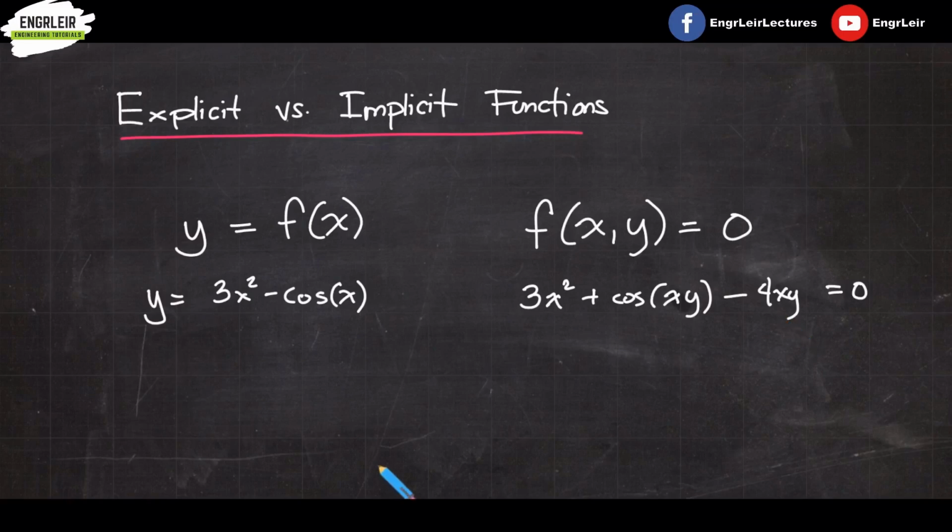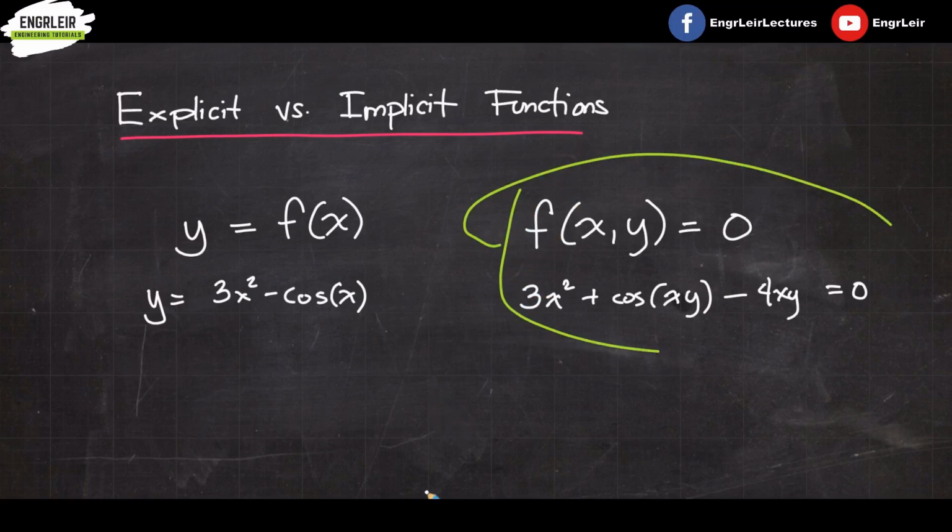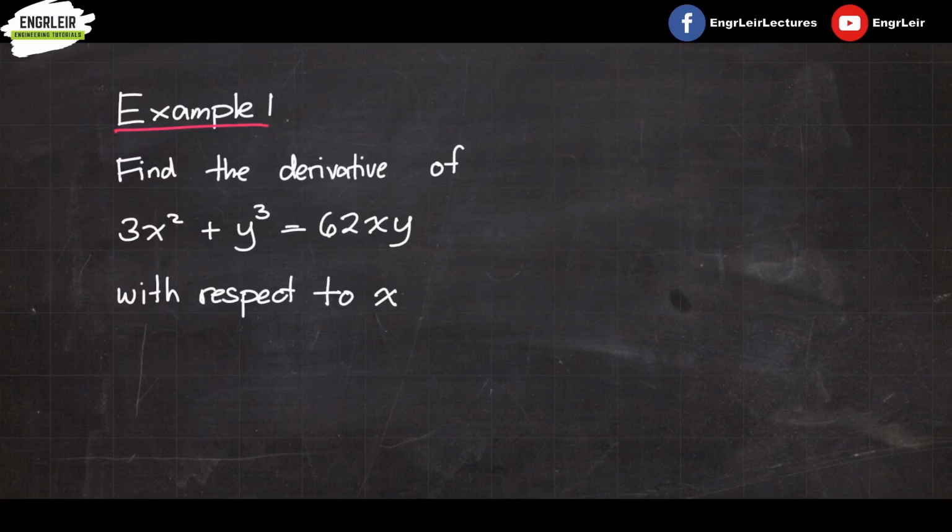So, paano mag-differentiate ng mga ganitong klaseng functions? Okay, so let's have some examples. So, example number 1, find the derivative of 3x squared plus y cubed is equal to 62xy with respect to x. So, as you can see, this is an implicit function.